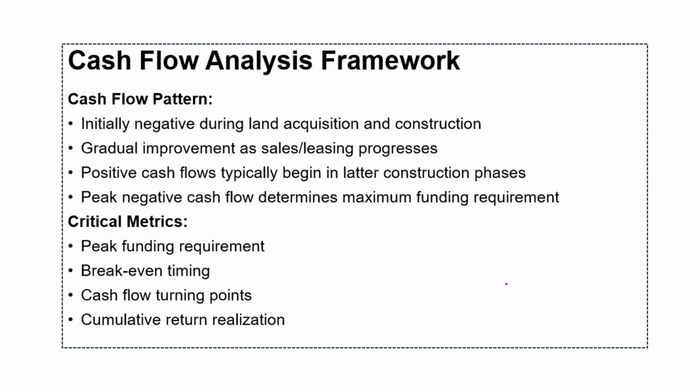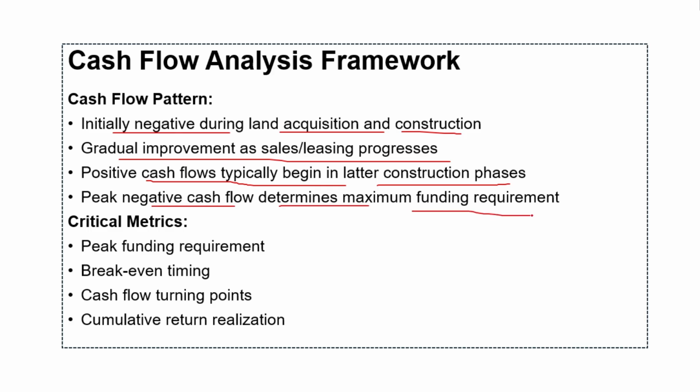Then cash flow analysis. This will initially be negative during land acquisition and construction. Of course, you will have to pay. Then gradual improvement as sales and leasing progress. Once it progresses, the money will start flowing. Positive cash flow typically begins in later construction phases. Peak negative cash flow determines the maximum funding requirement.